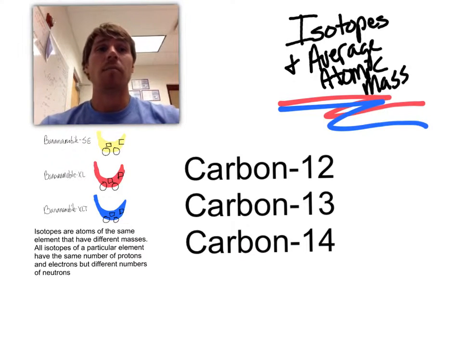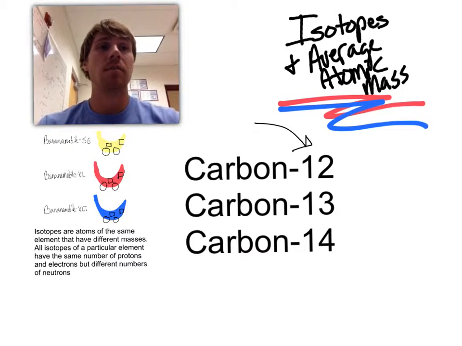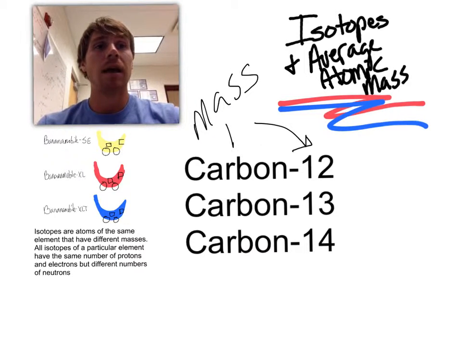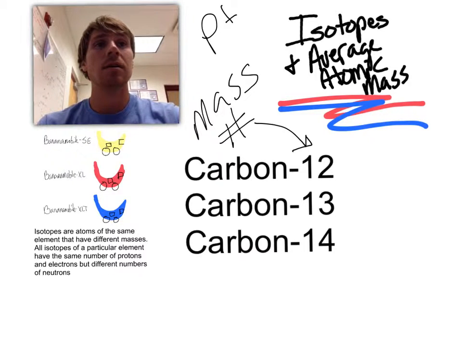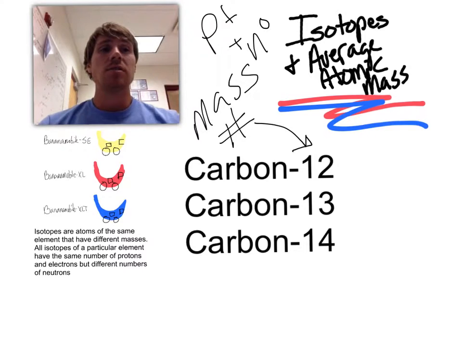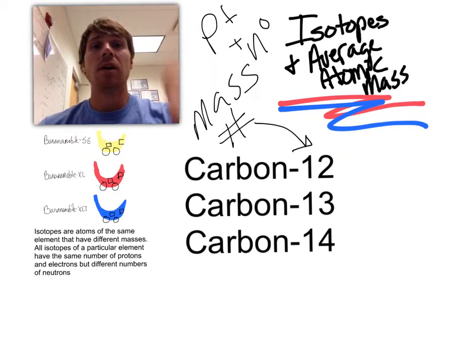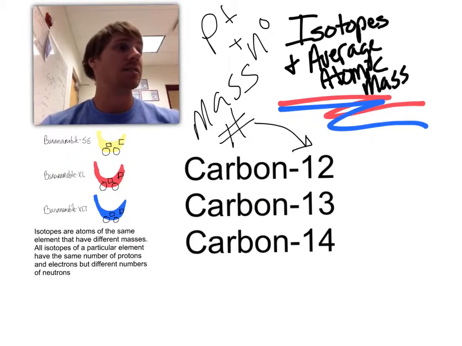Now, if you remember, this number right there is the mass number, and that number is protons plus neutrons. We know that carbon, and this is going to be the same for all three of these, is going to have 6 protons.